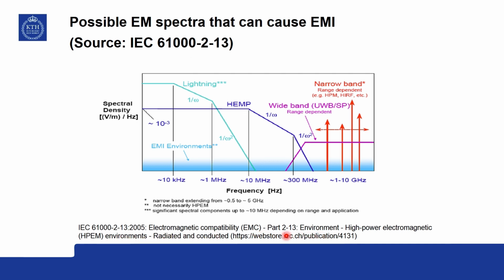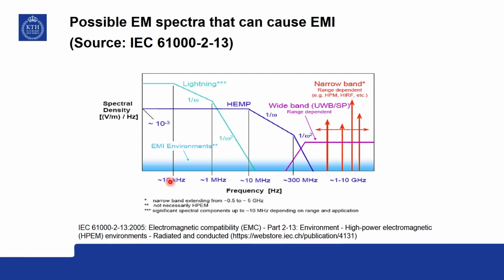Electromagnetic compatibility part 2-13 while defining the high power electromagnetic environment radiated and conducted. So, this is a website, but even though this particular standard is talking of high power electromagnetic interference, the spectrum here covers the complete frequency spectrum of radio waves, say, and this spectral density.